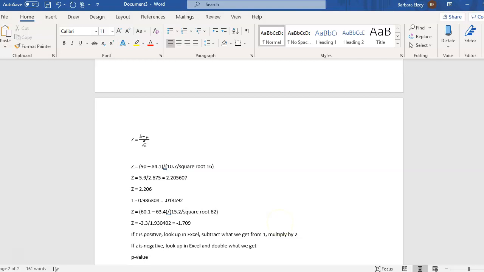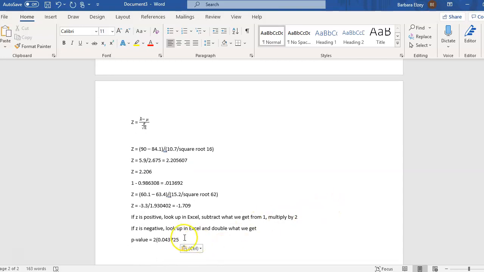So our p-value is going to be 2 times, and I'll just paste in what I had there, 2 times this. And let's see what that is when we put that in our calculator. And we're going to get 0.08745 as the p-value. Now we have to round p-values to 4 decimals, so 0.0875.